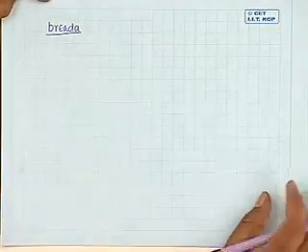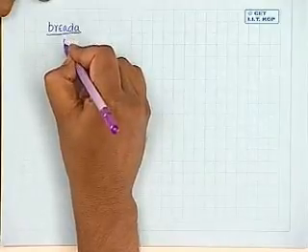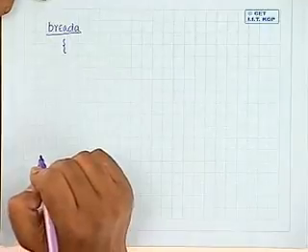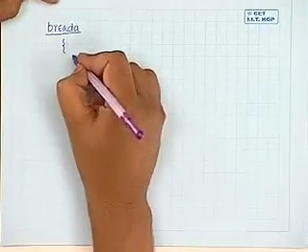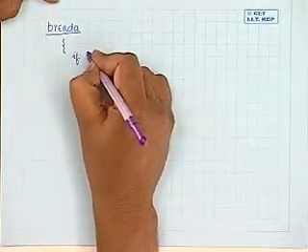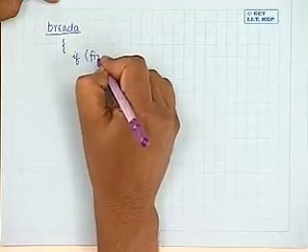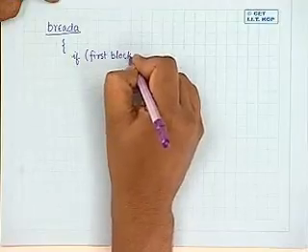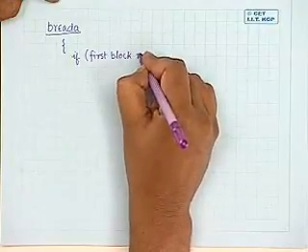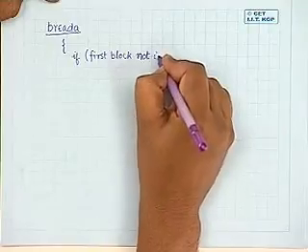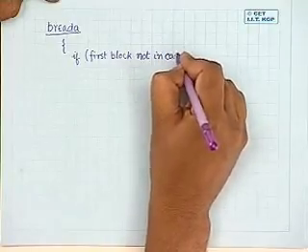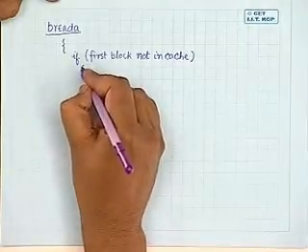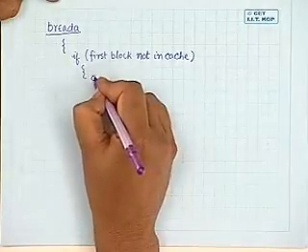So in this block read ahead, you have to check whether the first block is available in the cache or not. If the first block is not in the cache, then we have to get a buffer for the first block.